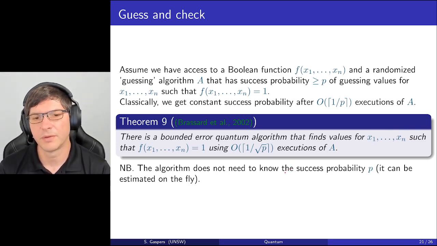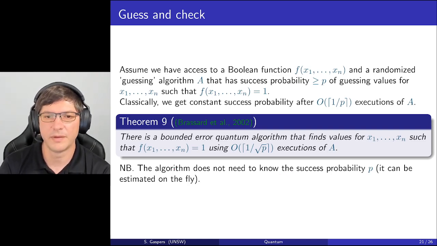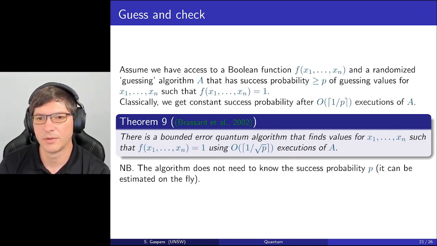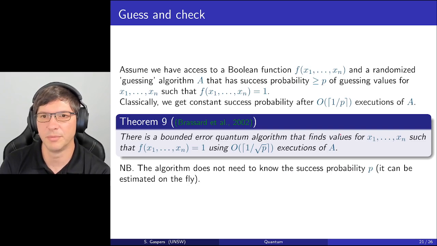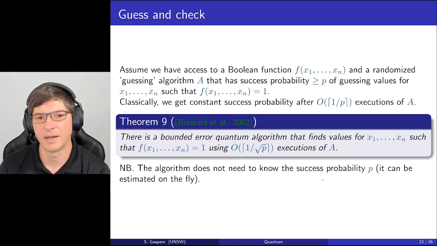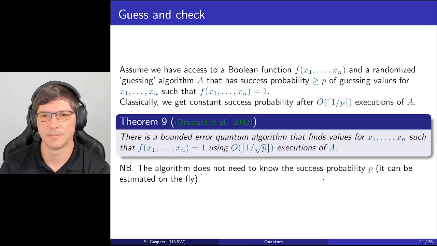And similarly as before, this algorithm also does not need to know the success probability of the original algorithm, but instead it can be estimated on the fly.